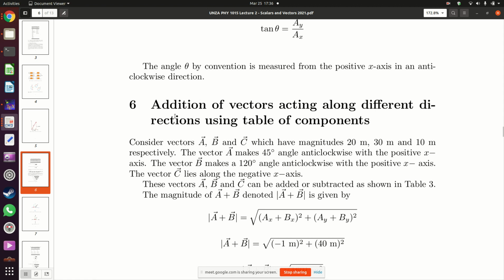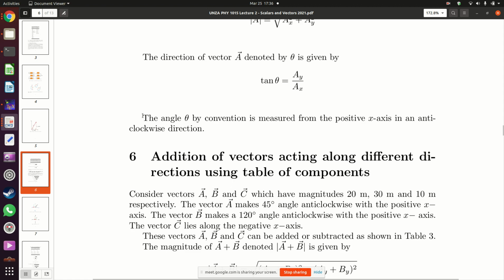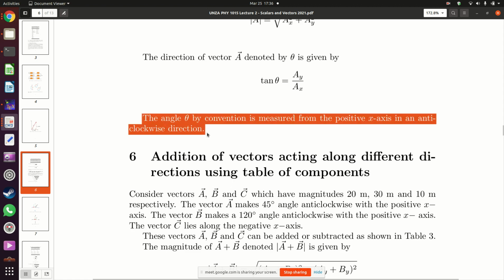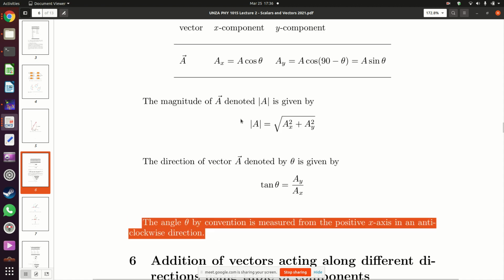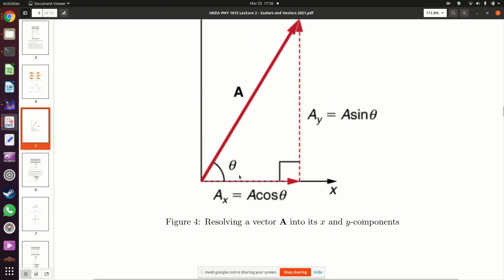Just back to the angle, you have said something about angles. Here, we measure the angle theta, which is what we use for the direction of the vector, from the positive x-axis in an anti-clockwise direction. When we do that, we consider that angle to be positive.